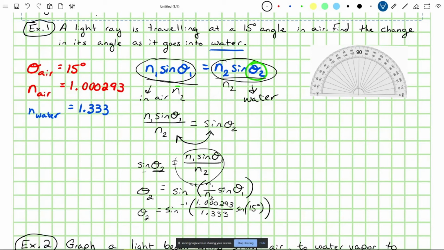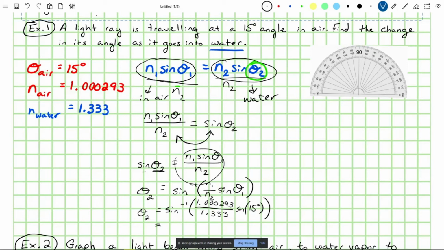If you're using a graphing calculator or a scientific calculator at home and not some sort of online application, please make sure that it is doing the sine of the angle in degrees and not radians. Otherwise, that will completely screw up your answer. If we plug this in, I'll do it piece by piece.